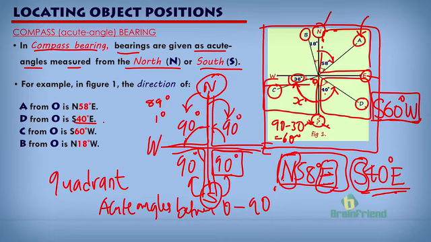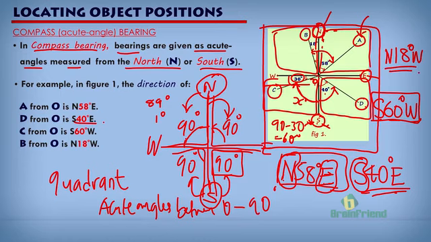We have an object at point B, and we've been asked to find the direction of B from O. O is our origin. In this case, again, it's in a quadrant where the north is holding sway. So measuring from the north, we have 18 degrees directly. So we have 18 degrees north west. So we have north 18 degrees west.